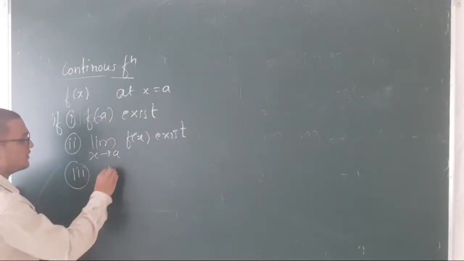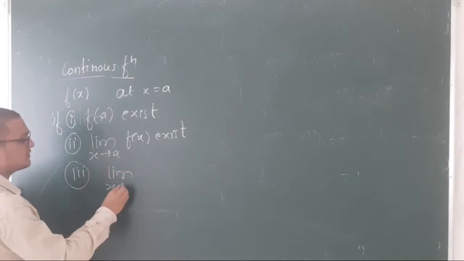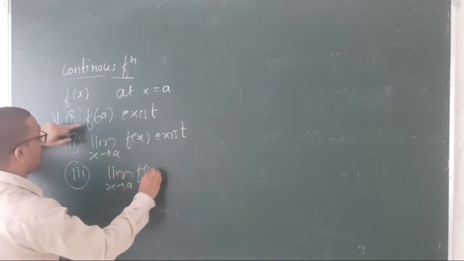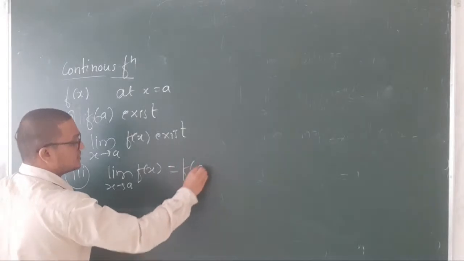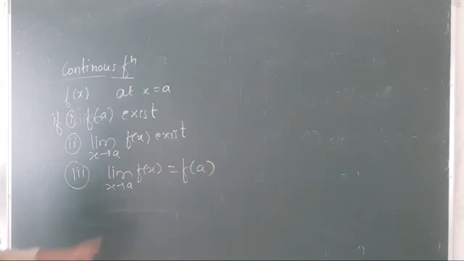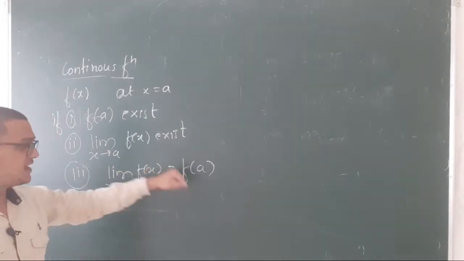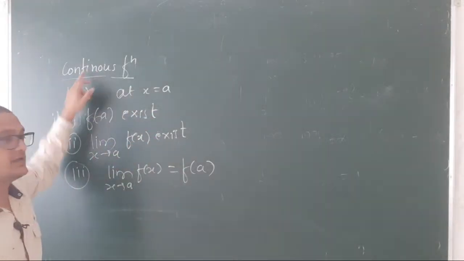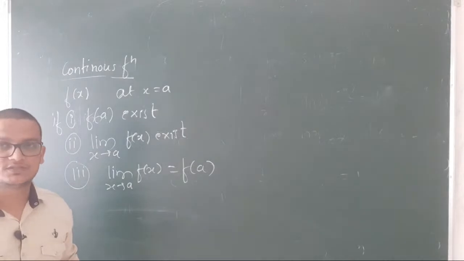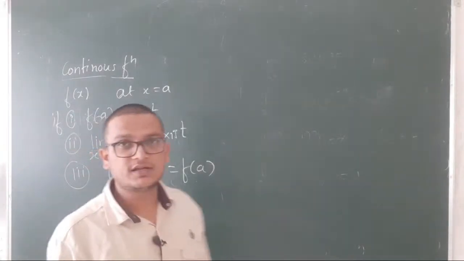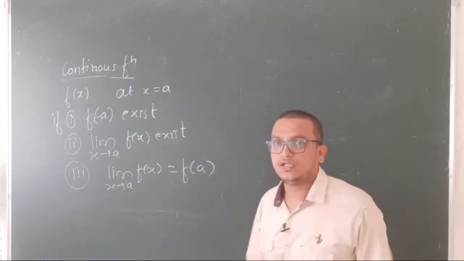Third condition is that this limit and f of a should be equal. If they are equal, then we can say that the given function is continuous. This is the mathematical definition for continuity.